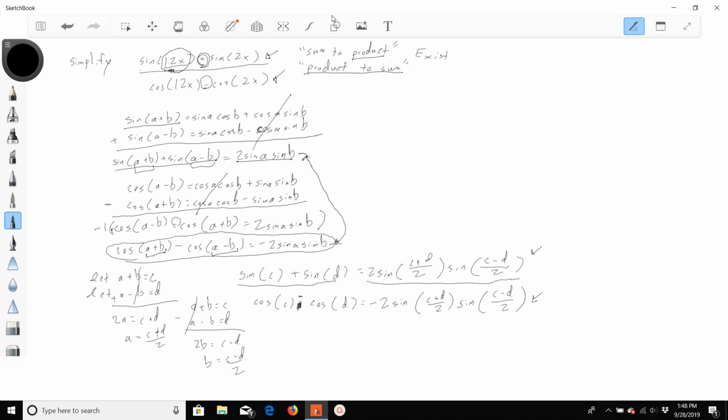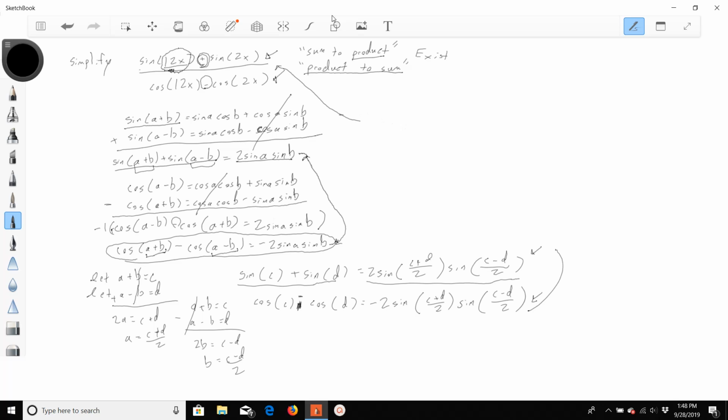I mean, the art of math is proof, but okay, I don't want to get philosophical on you. Now, using these two formulas here, I'm going to simplify what I have written up here.